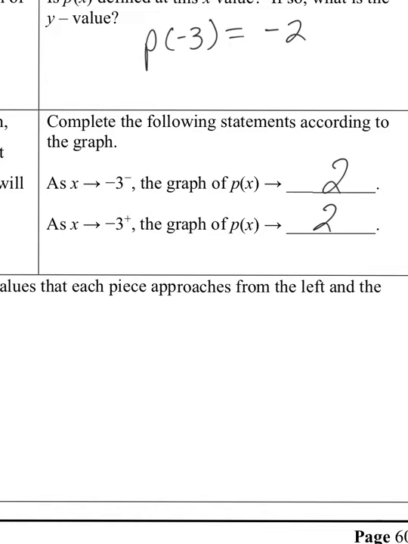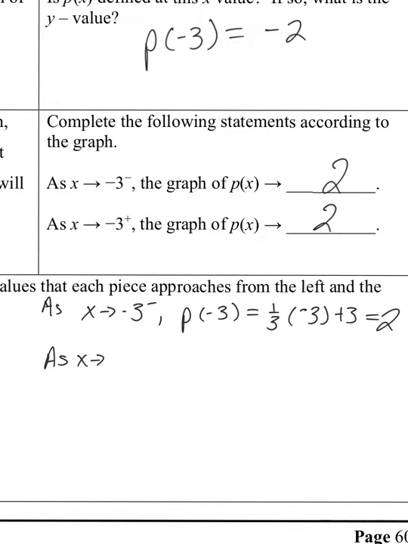Now, using the equation of P of x, determine the y values that each piece approaches from the left and the right, okay? So as x approaches -3 from the left, P of -3 is equal to 1/3 times -3 plus 3, which is just positive what? 1/3 times -3 is -1. -1 plus 3 is 2.